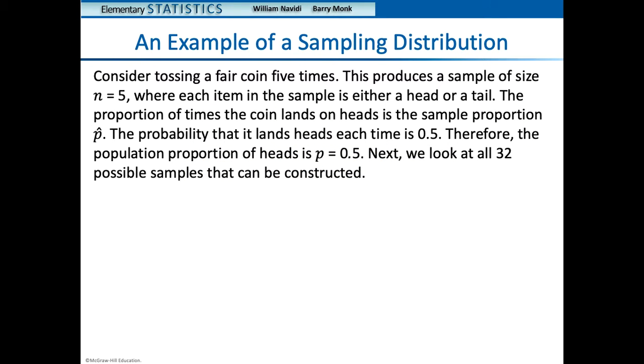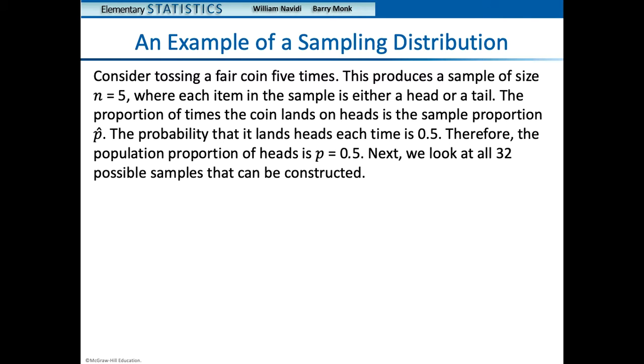So to explore this concept, let's work through an example. Let's say that we toss a fair coin 5 times. If we do this, this will produce a sample of size 5, where each item in the sample is either a head or a tail. So the sample proportion, in this case, will be the proportion of times that the coin lands on heads.